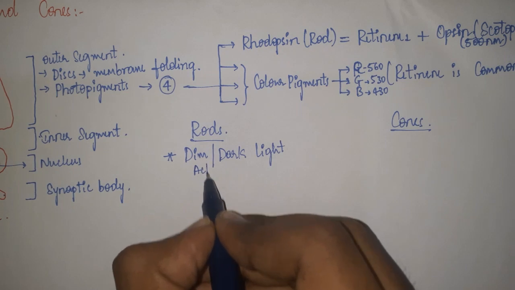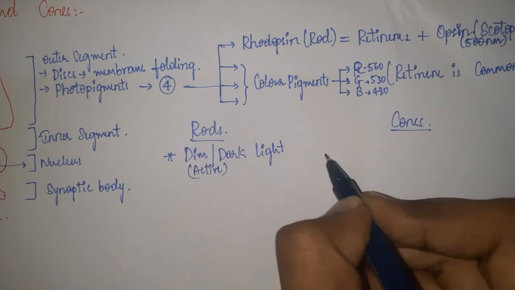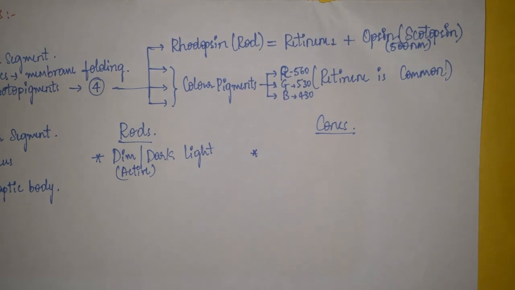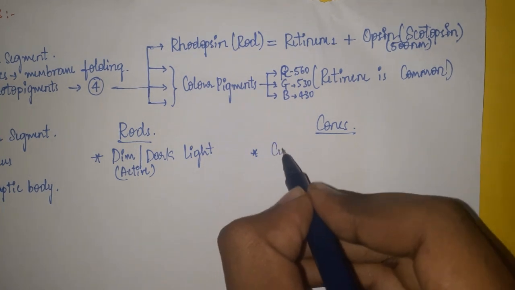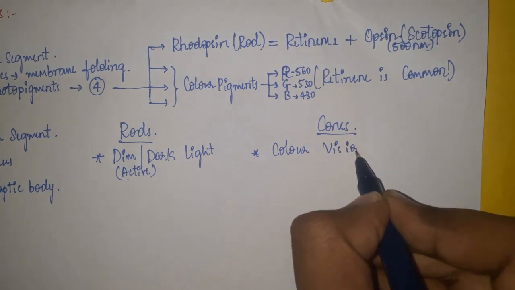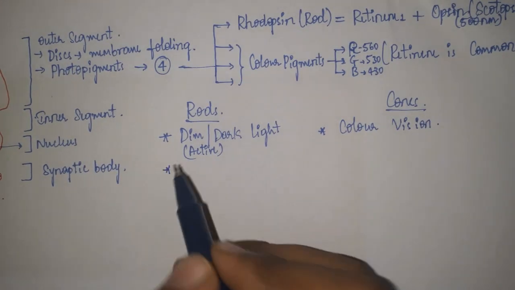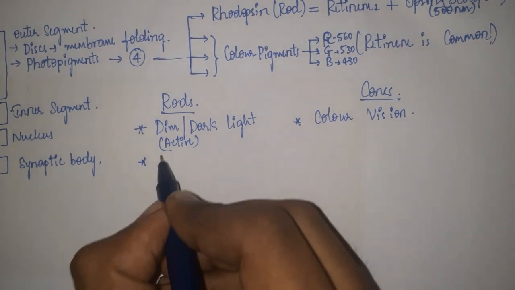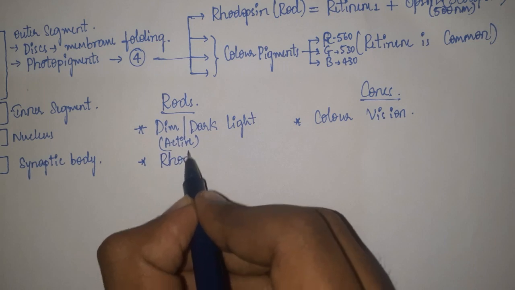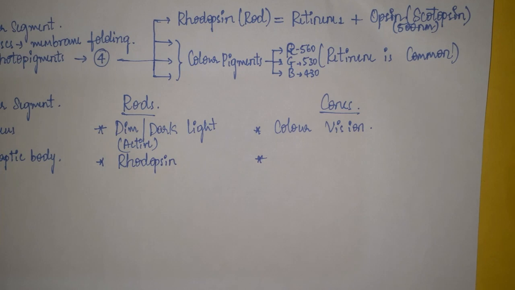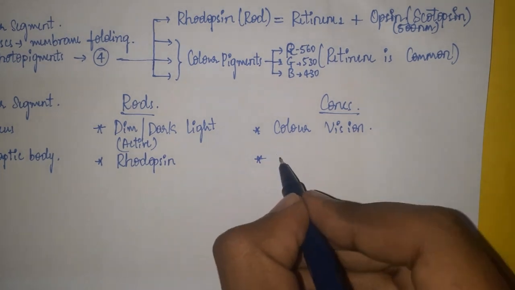Okay, but cones are active in color light. They are responsible for color vision. The light sensitive photopigment in rods is rhodopsin, but in cones there are three color pigments.